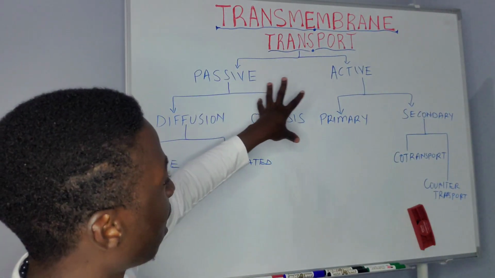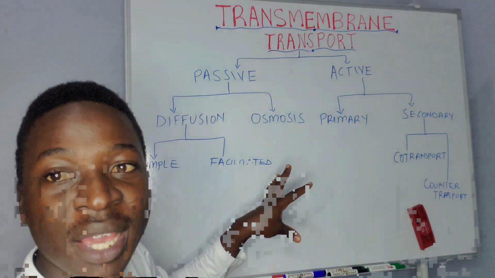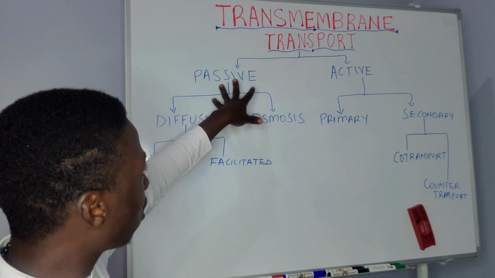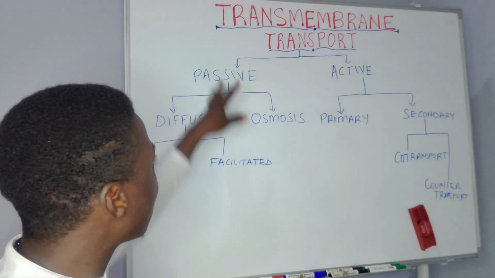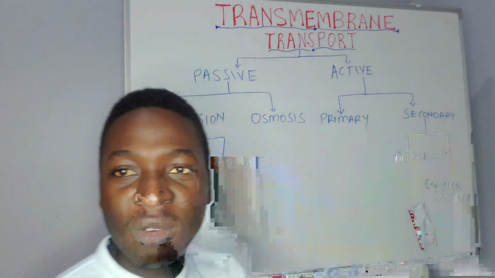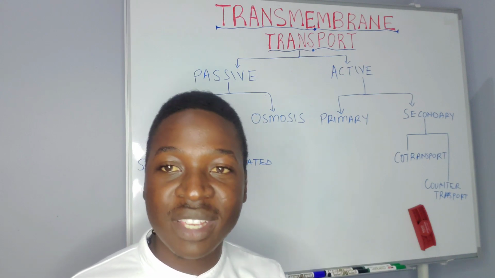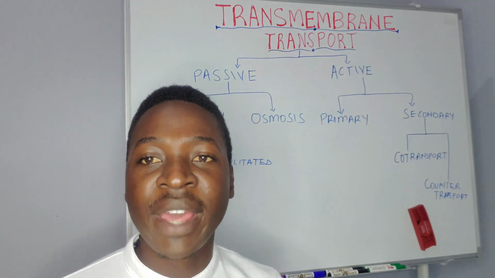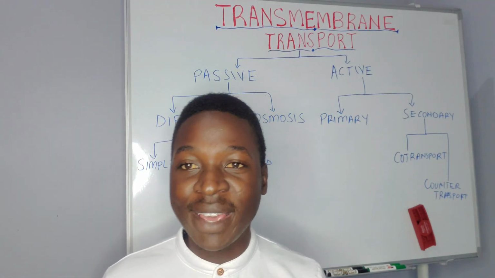So if you know and have all this at the back of your mind, then you have the whole idea or package of transport of molecules across the cell membrane. So briefly, to start to highlight, I'll start with a comparison between passive and active. So passive transport is a form of transport that takes place across the cell membrane without requiring any form of energy. Energy in the body is usually in the form of ATP.